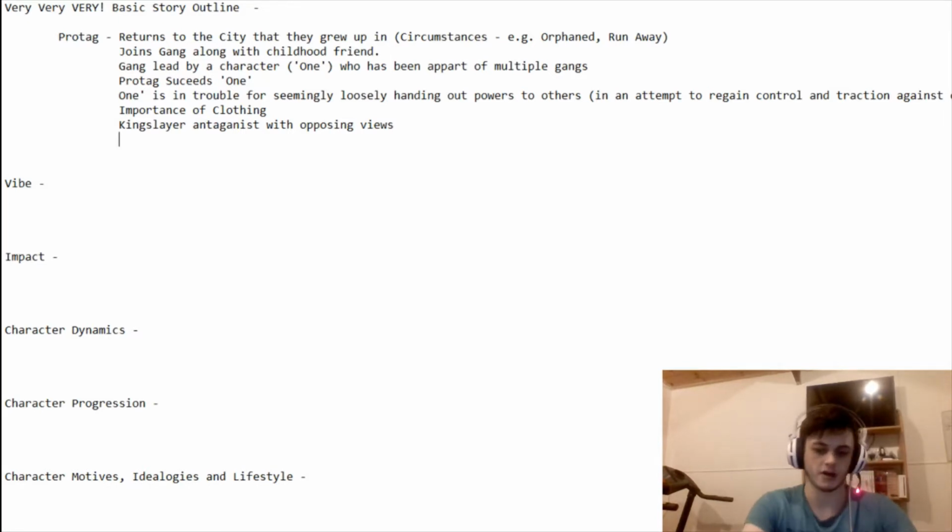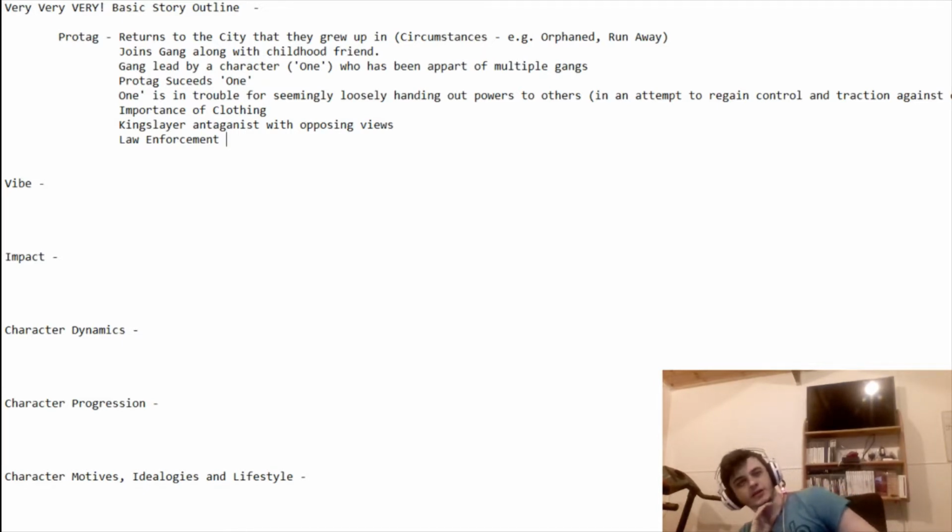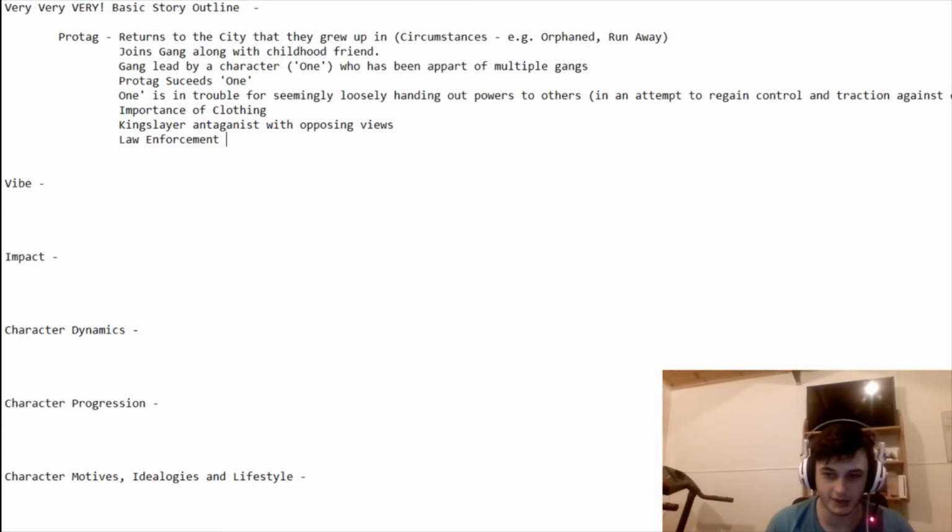Also want to focus on how law enforcement works in the world, because we're having a lot of criminal activity going on. Gangs interact with one another, and the idea of a lawless society, like Meteor City from Hunter x Hunter, is interesting, where you just have self-governed people.